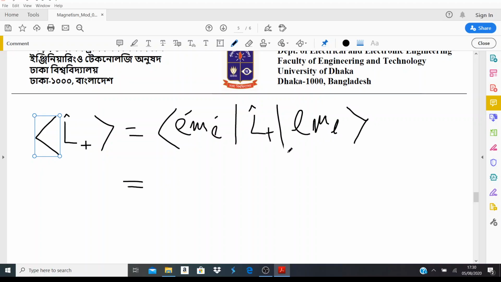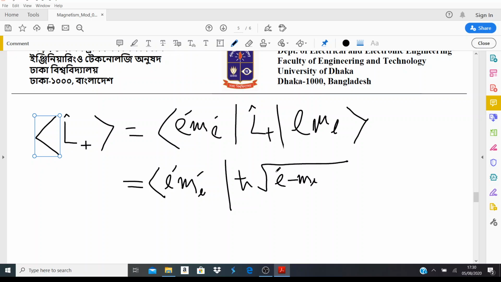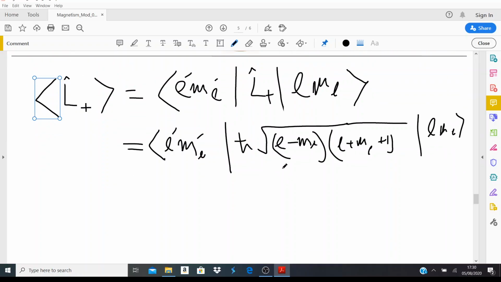What this state will give you, that will give you ħ times the square root of L minus ML times L plus ML plus 1, right, times the state. And you can see that's just a number. You can bring it out.